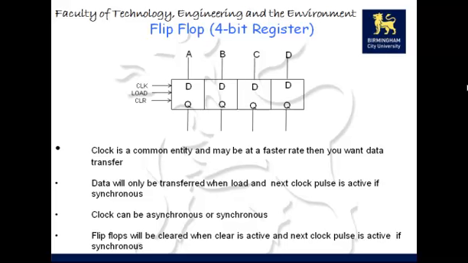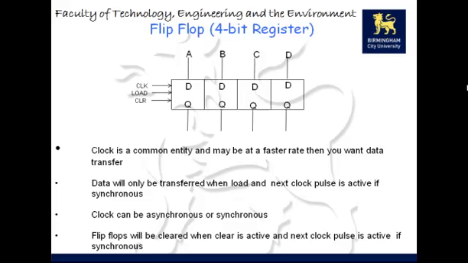The system clock is a common entity which services all parts of your circuit, whatever that circuit may be. However, your data transfer might be required to operate at a different rate. The clock may be, I don't know, 1 kilohertz. That's not a typical clock frequency, it's normally in the megahertz, isn't it? A clock frequency of 1 kilohertz is a clock period of 1 millisecond, if I'm correct.